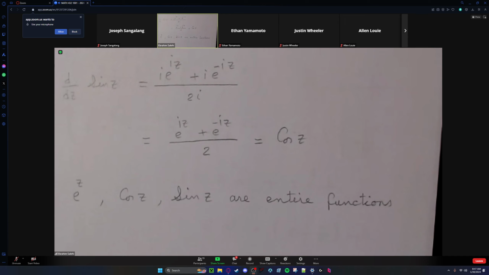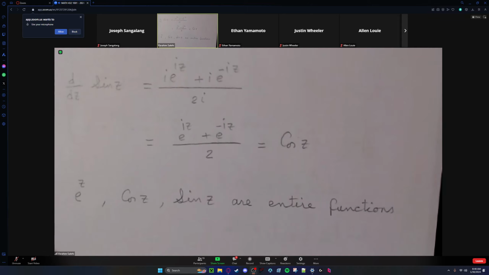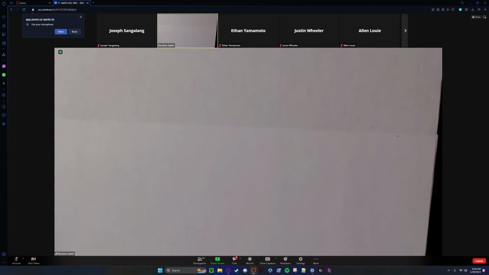Everywhere. Okay. In finding derivative, of course, we know that we can apply product rule, we can apply quotient rule, and all those rules also are valid.